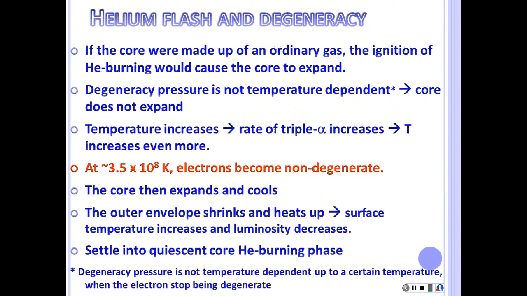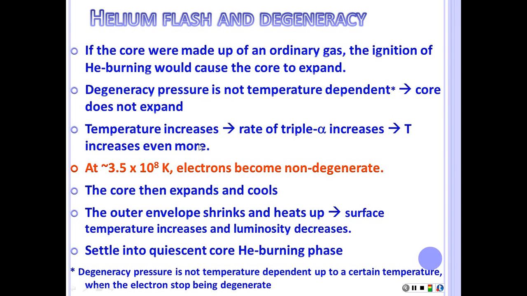So let's talk about this with respect to the helium flash again. We talked about this when we talked about red giants. If we had a core that was made of ordinary gas, then the ignition would cause an expansion. But degeneracy pressure doesn't fit the ideal gas law. The expansion happens in an ideal gas, a regular gas, but not in a degenerate gas. So the core doesn't expand.